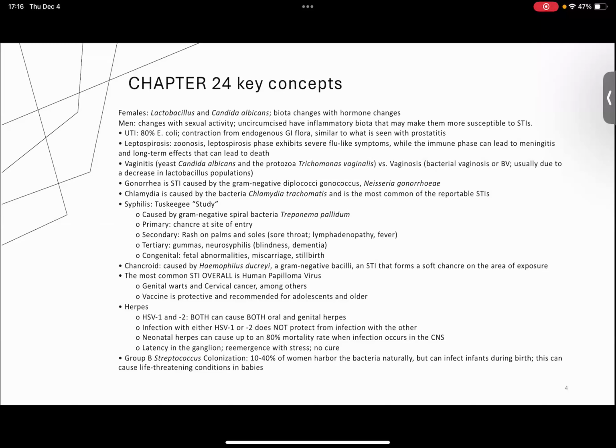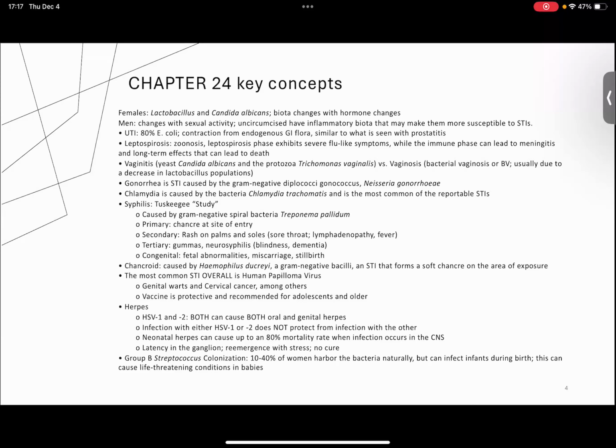For vaginitis, the form of vaginitis caused by yeast infections is usually associated with Candida albicans. Again, vaginitis implies itis, inflammation of the vagina. So if the vaginal tissues themselves are inflamed, this is what vaginitis is. And when it's caused by infection from overgrowth of yeast, Candida albicans is usually the culprit, often a result of a shift in the vaginal microbiome, either from sexual activity or from taking antibiotics or hormonal changes and stuff like that.